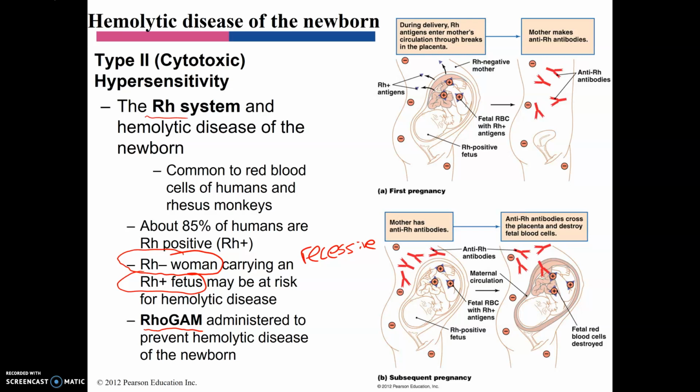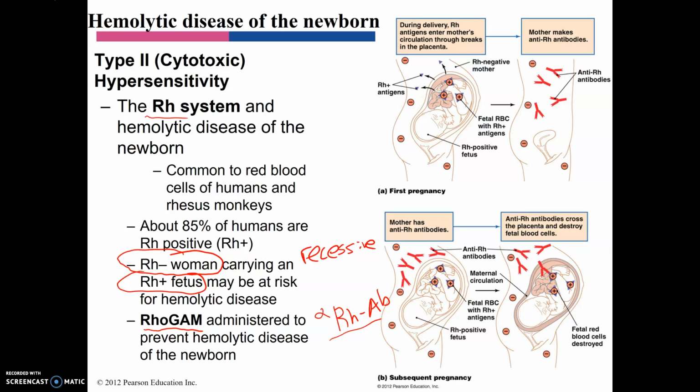RhoGAM is anti-Rh antibodies, right? And so they give that to mom so that if there are any fetal blood cells in her system, the antibodies would bind them and then they would get cleared before she even has a chance to make antibodies.